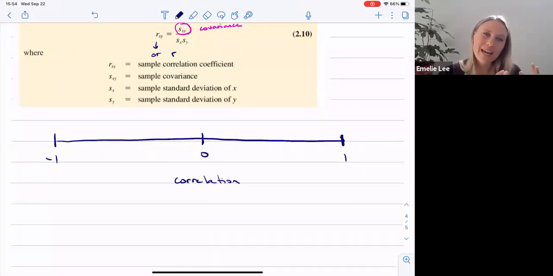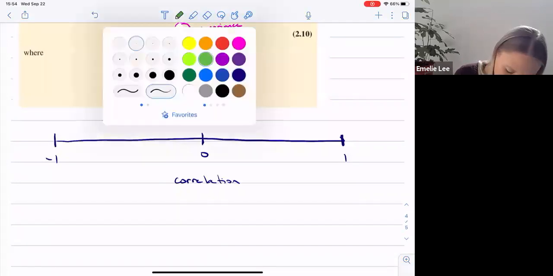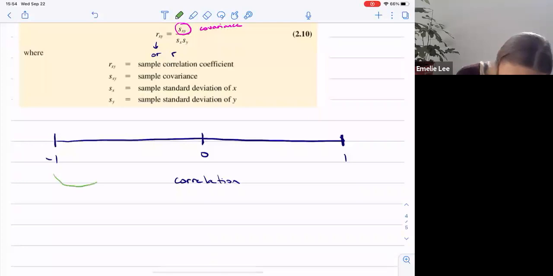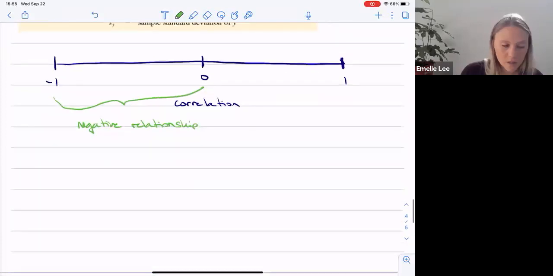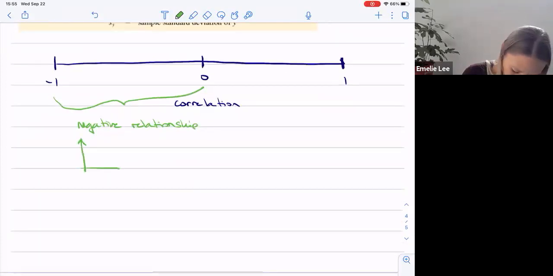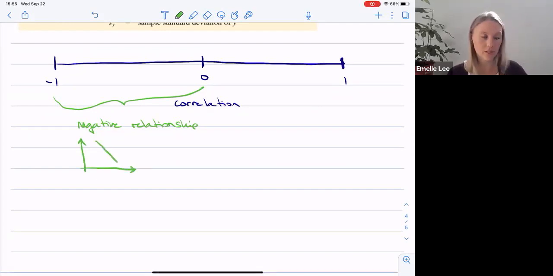So if we have a negative value, then we have a negative relationship, and so here, negative relationship. So it would look something like this, right? A negative relationship. And remember, it has to be a linear relationship, so it has to be for a straight line.